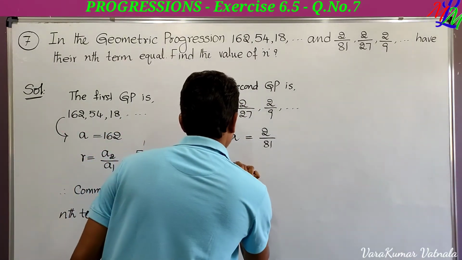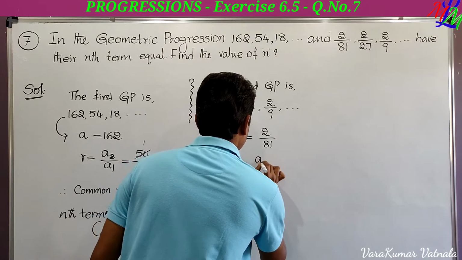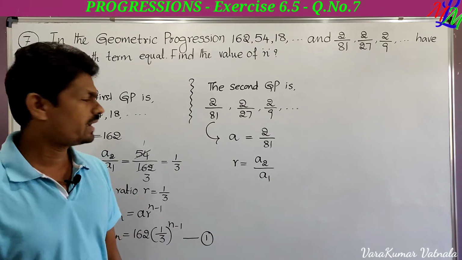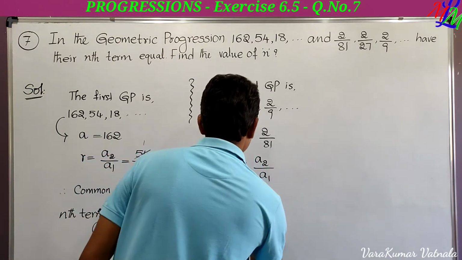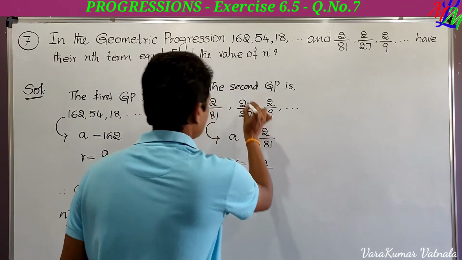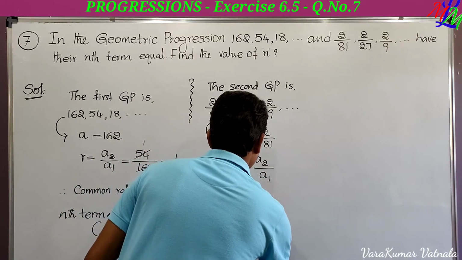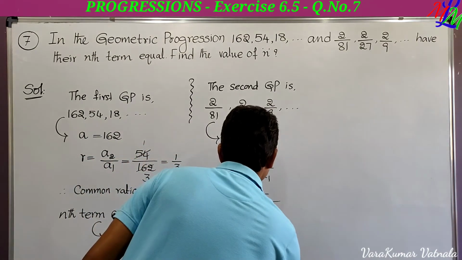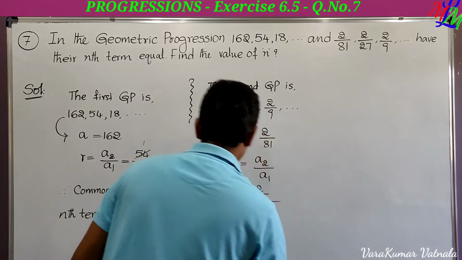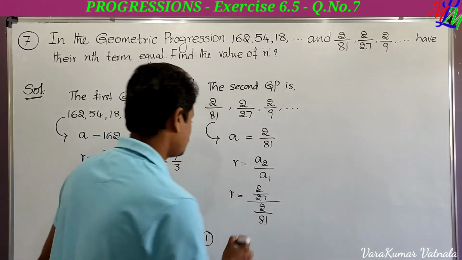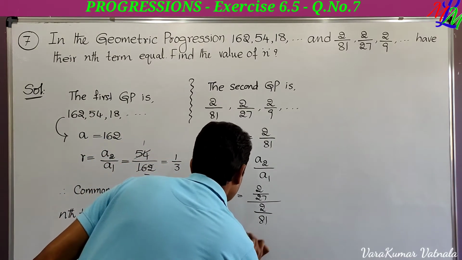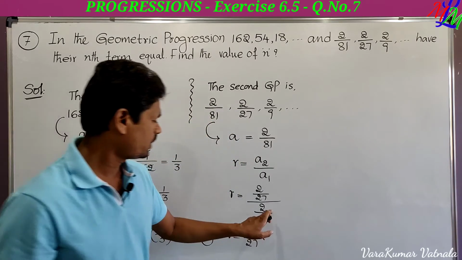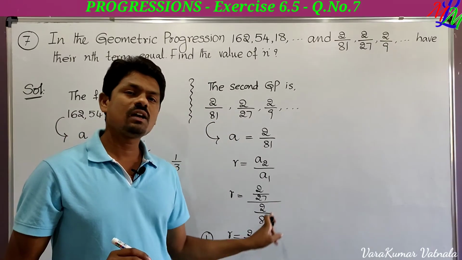In the same way, how do we find the common ratio? r is equal to a2 by a1. Here a2 is equal to 2 by 27, divided by a1 which is 2 by 81. Now we just have to simplify. r is equal to 2 by 27 into the reciprocal of the denominator.